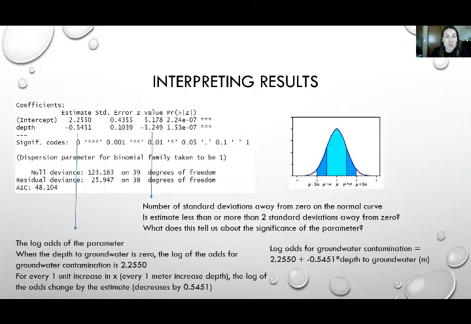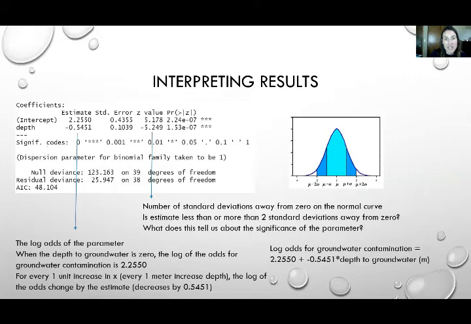We have these really high values, so yes. I don't have a pointer here to show you, but it means that the value obtained fell within these outlying edges on our standard curve. So that means that we would reject the null and accept the alternative hypothesis that the intercept and the depth both significantly predict the log odds for groundwater contamination in this example.